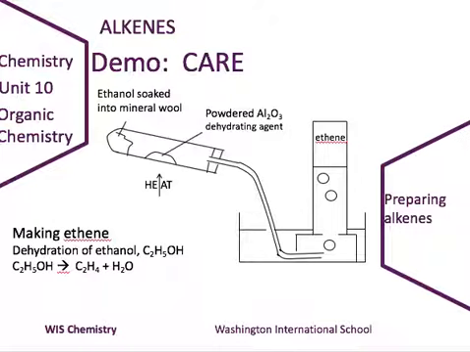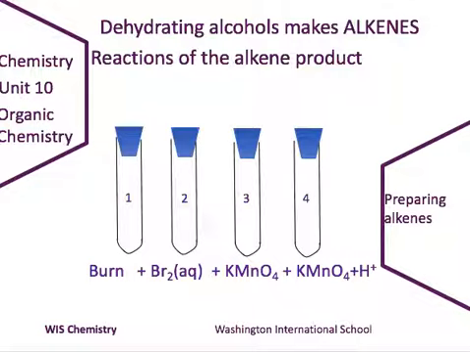That doesn't appear in the equation. Any water that's given off as the product or water vapor would be added to the collecting process on the right, where the ethene is collected by downward displacement of water. And then we've got what you do with the alkene that you've produced, again reviewing what we did with alkenes. Burn some of it, compare the flame, look what happens with bromine in an alkene addition reaction.